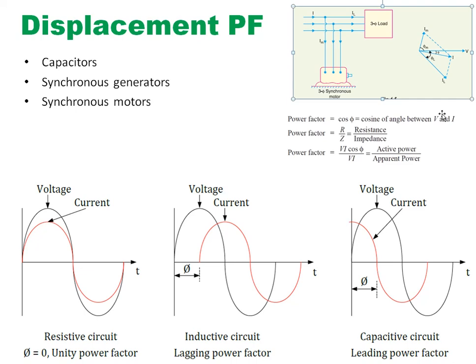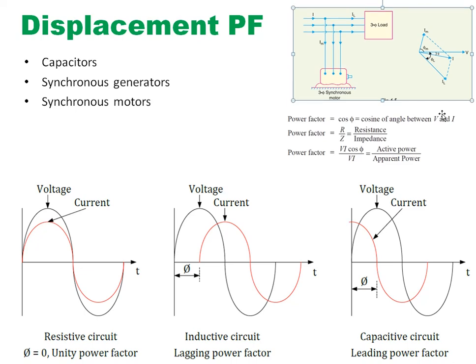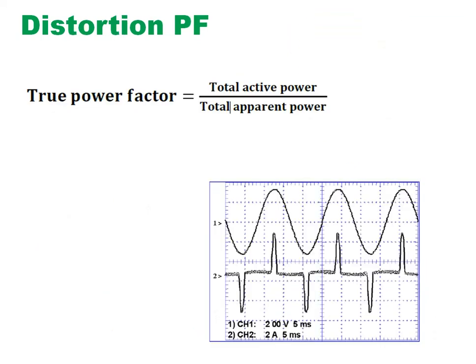And when we come to distortion power factor, we said displacement power factor issues are due to inductive loads. How about distortion power factor? What is the culprit for creating distortion? Harmonics will generate it, or non-linear loads will generate it.